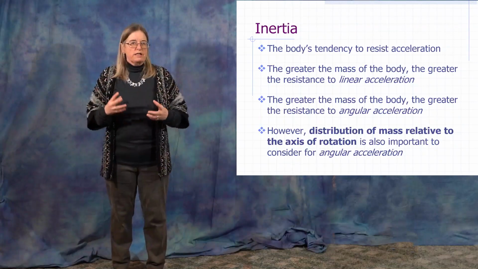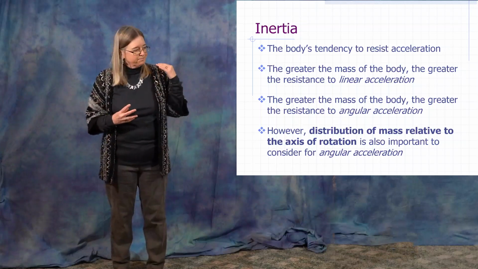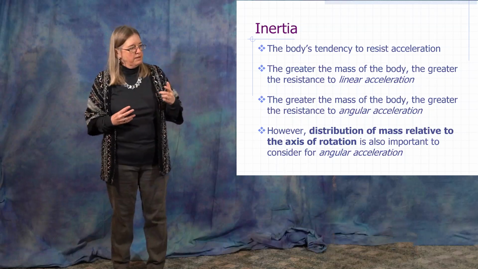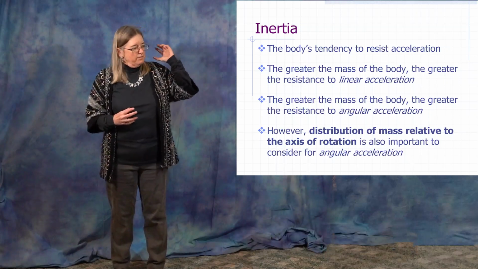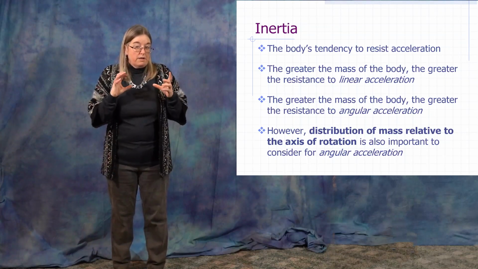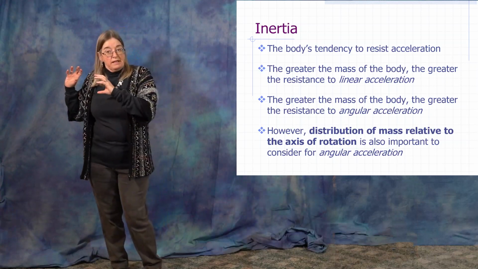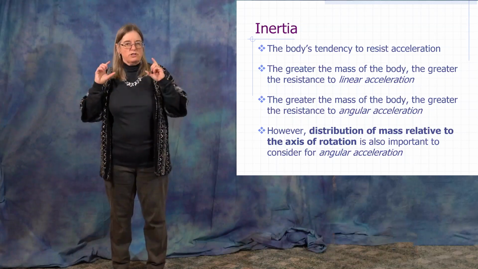So, inertia is the body's tendency to resist acceleration. And the greater the mass of a body, the greater the resistance to linear acceleration. The greater the mass of an object, the greater the resistance to angular acceleration also. However, it's not just the mass.